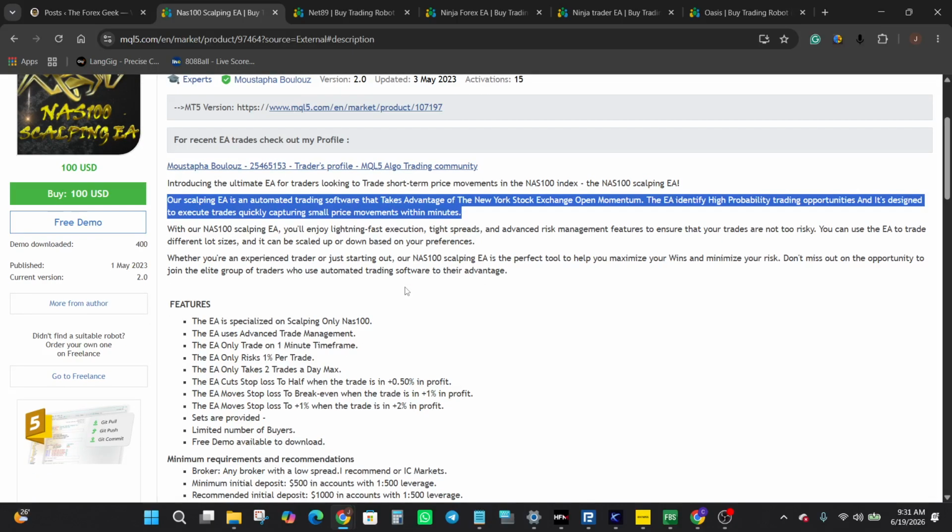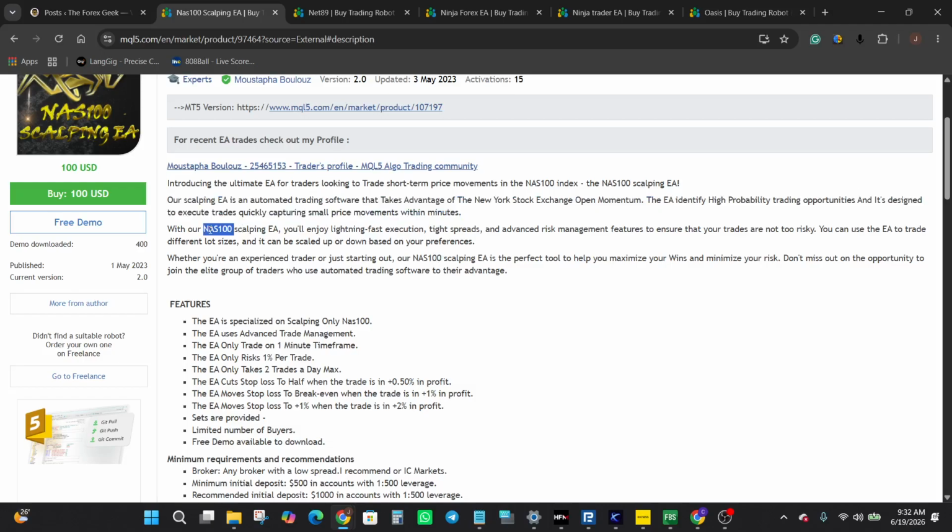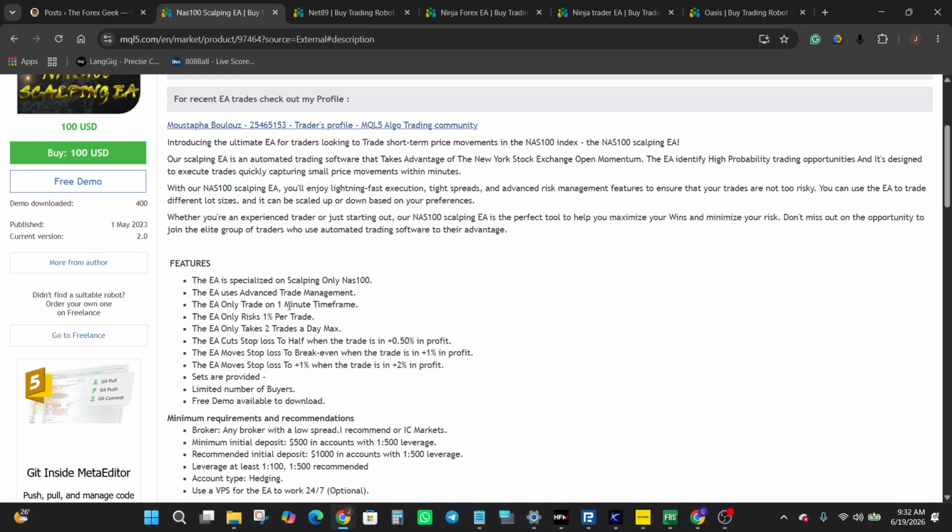Now, as I continue through the features section, one thing that is clearly highlighted is that the EA is specialized exclusively for NAS100 trading. It also operates only on the 1 minute time frame, which is an important consideration when setting up charts and conducting testing.